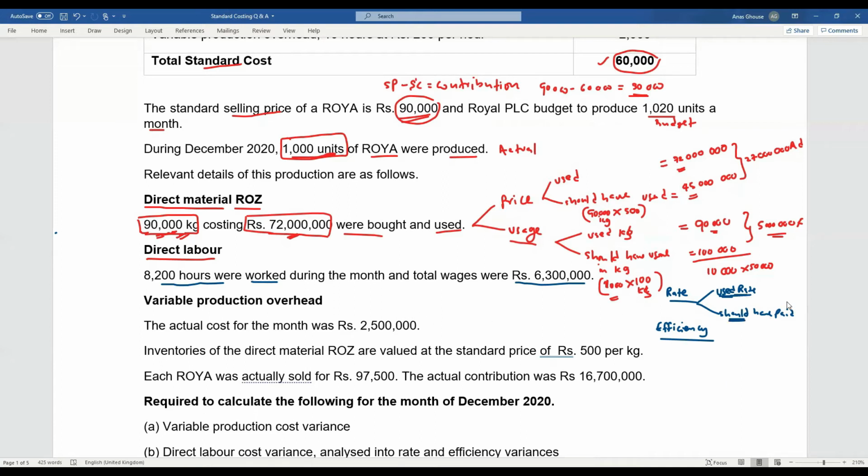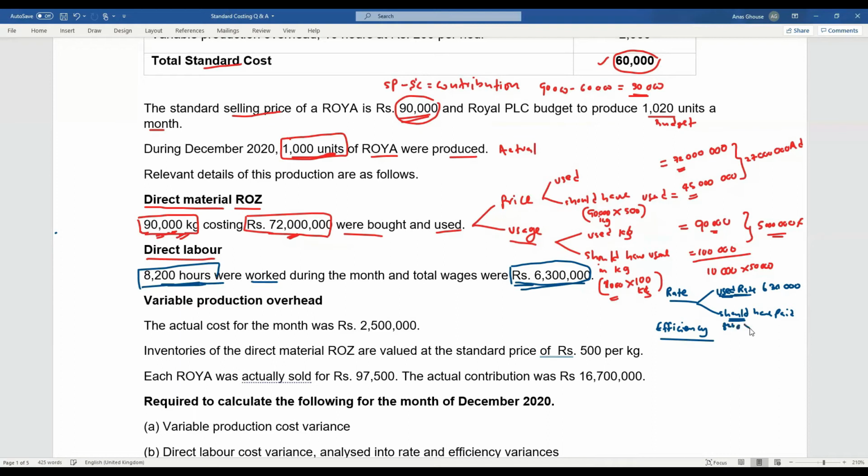As far as the rate is concerned, we have paid 6.3 million. So we should have paid for 8,200 hours of work. Actual hours 8,200 we have worked.